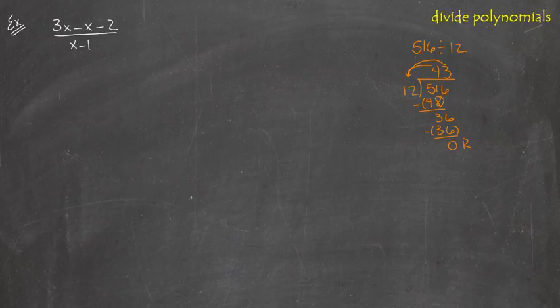I changed from a division symbol to a division bar, no big deal, but I want to use polynomial long division. So this is integer long division, and now I'm going to use polynomial long division.